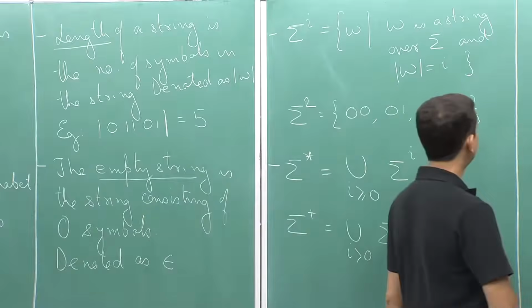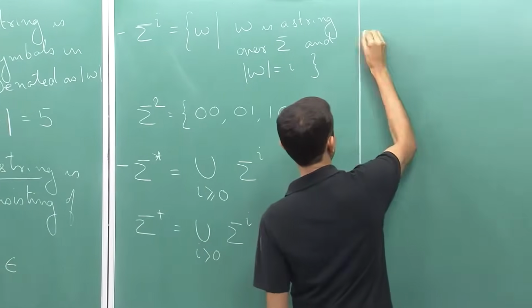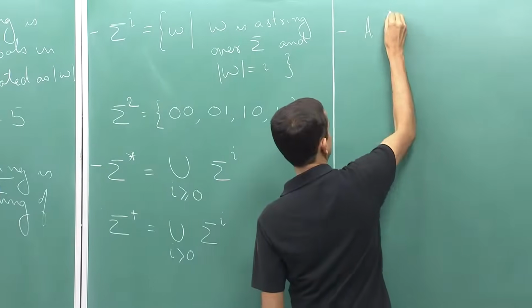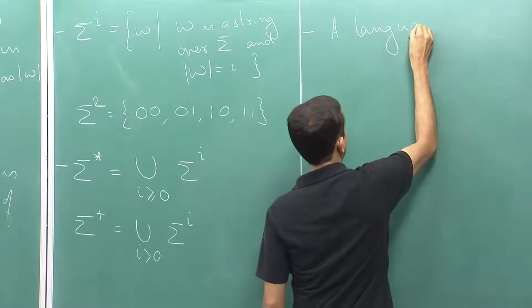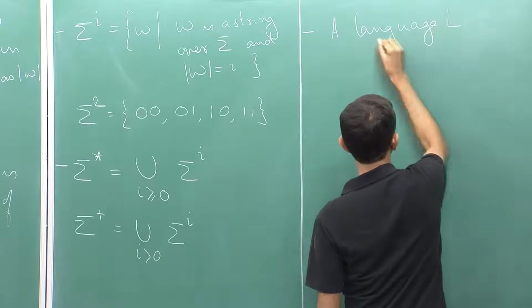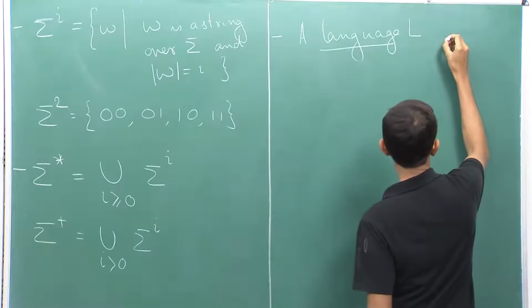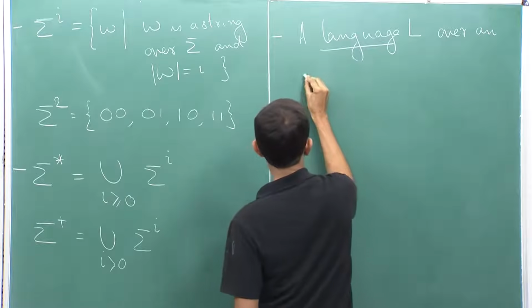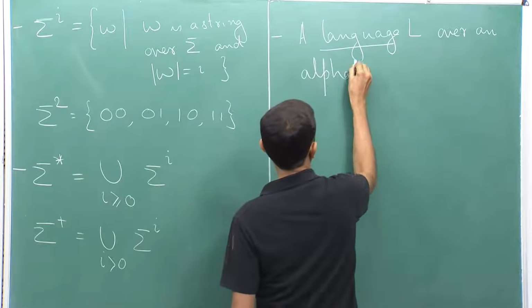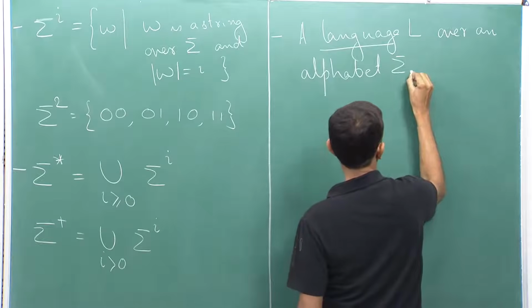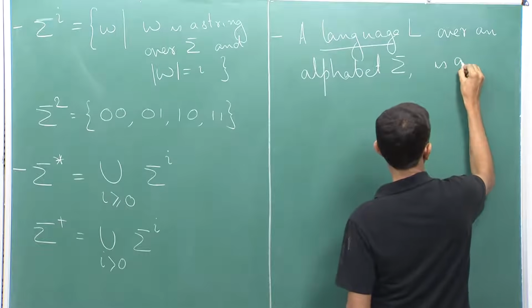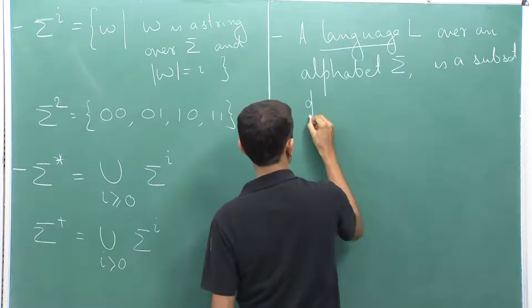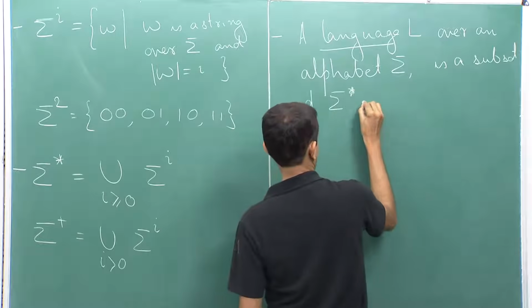So, now we can define what is a language. A language L over an alphabet sigma is a subset of sigma star.